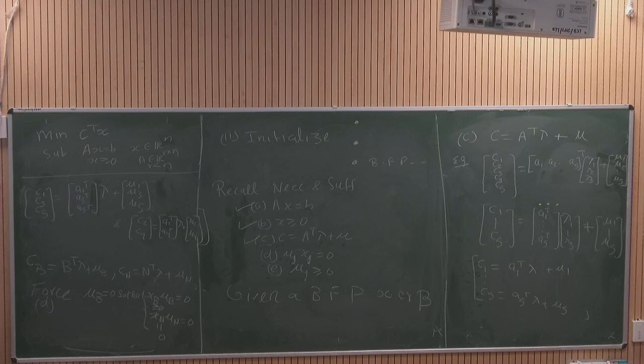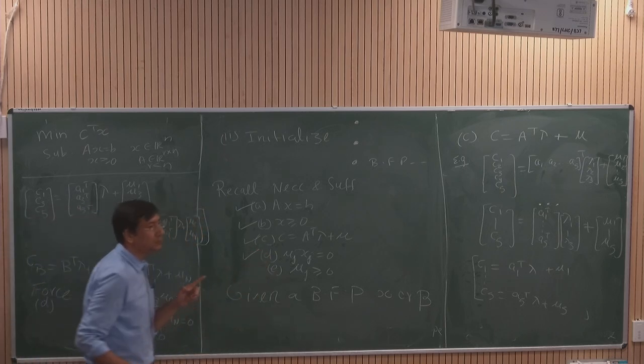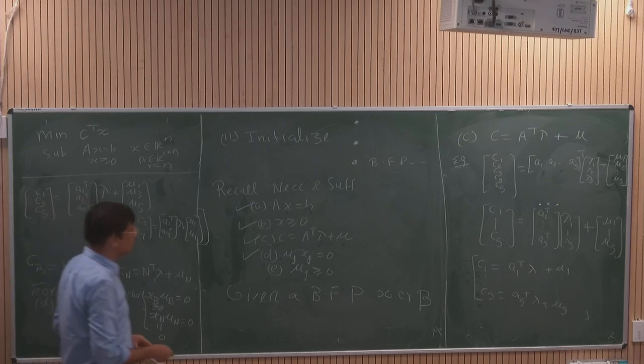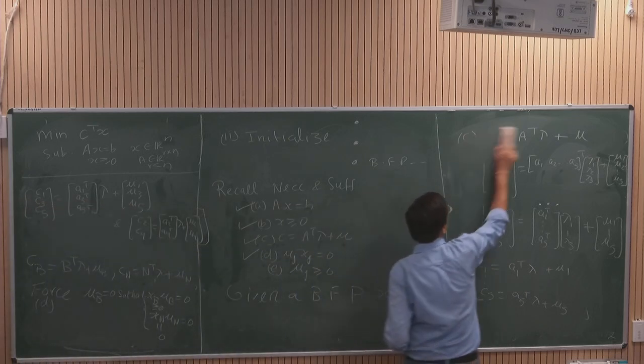Is it making sense? I satisfied the B condition. I'm going to take this mu B and substitute into this. Is that okay? I'm still keeping this here.